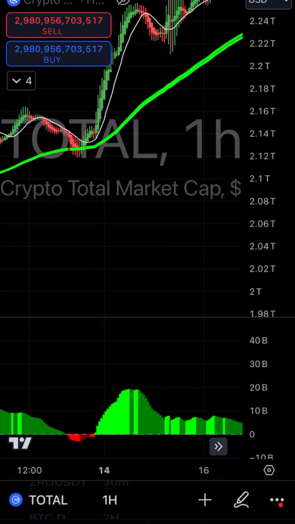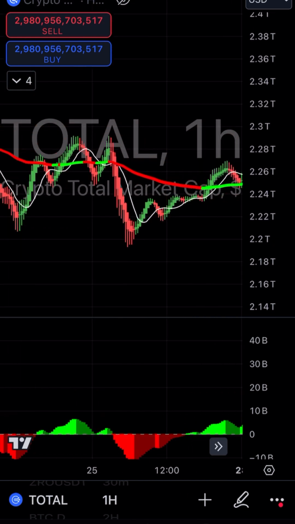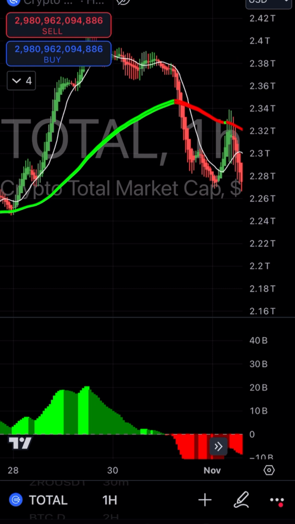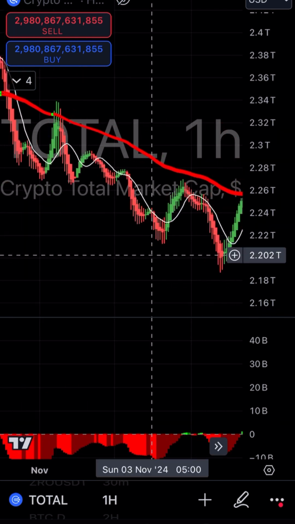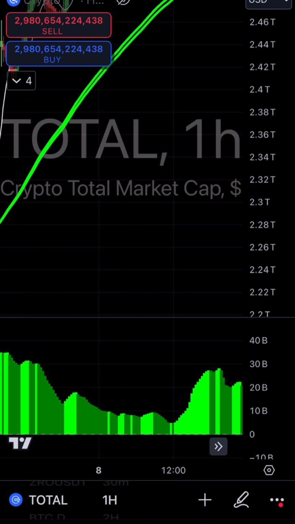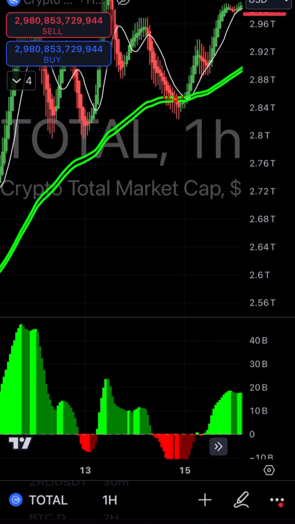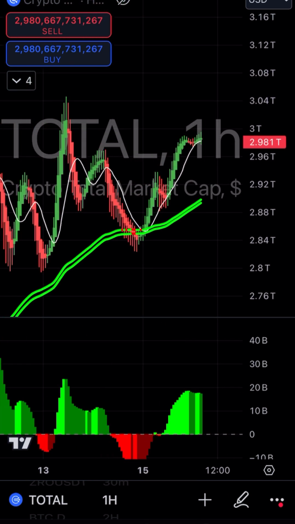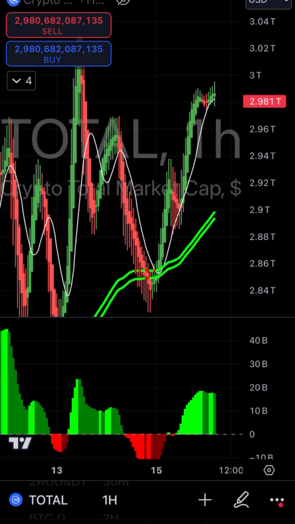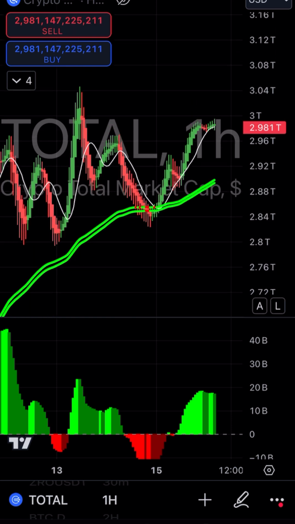So for me, focus on the hour, identify what direction it is with the 90.95, and then look at your linear line to get in when the candles start crossing the linear line. That will show you when money is coming into the market and when money is leaving the market.